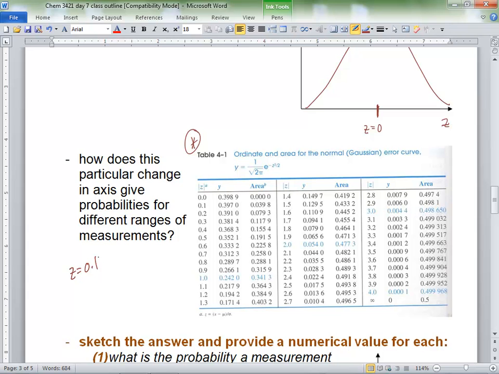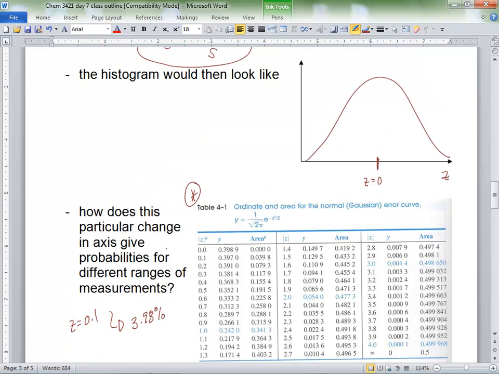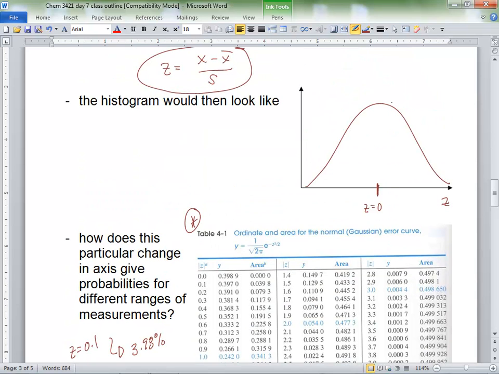So at z equals 0.1, that corresponds to about 4%, 3.98%. Well, 3.98% to do what? To fall between z equals 0 and z equals 0.1.